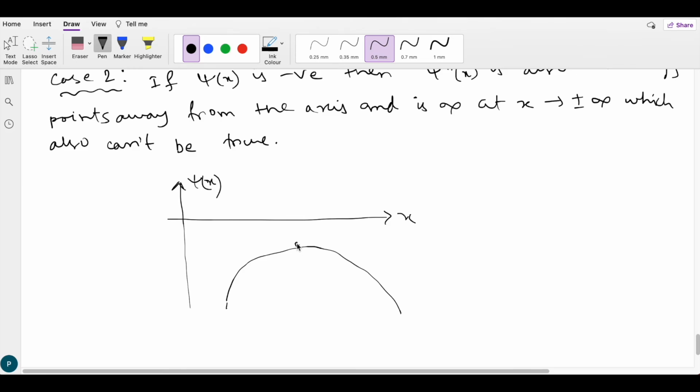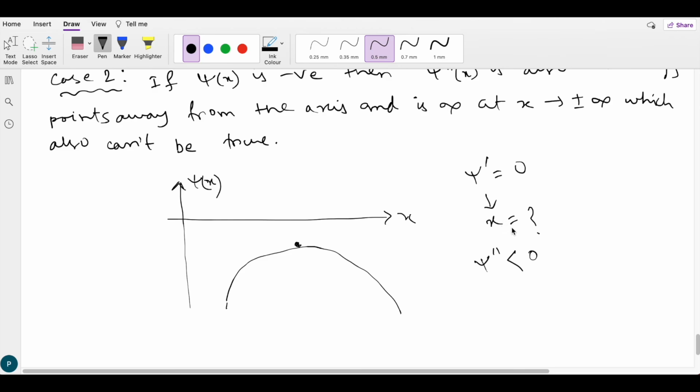Let's say this is the maximum point. We can equate the first derivative to 0, and from here we can determine some value of x, and then we can see easily that for all values of x, psi double prime is negative.